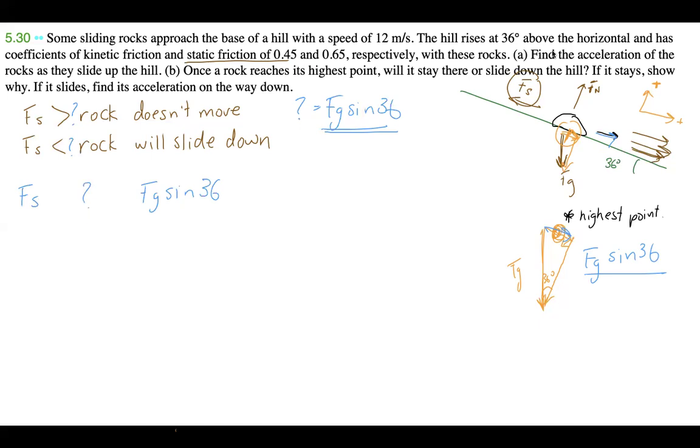So like the alligator is always going to want to open its mouth towards the bigger value. What is the bigger value? Okay, so let's start with the force of static friction. We said before that force of static friction is normal force times mu s, and we already solved for normal force in the last video, which you can look back at.